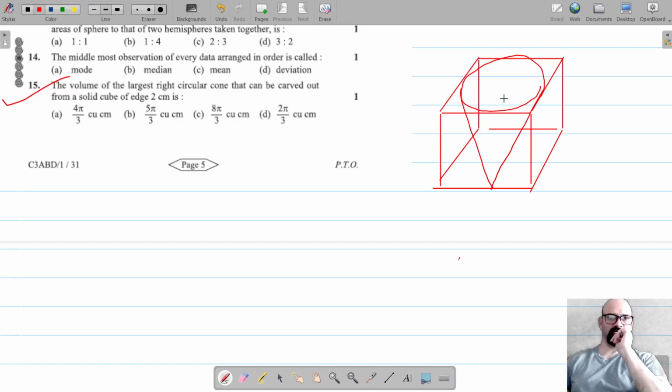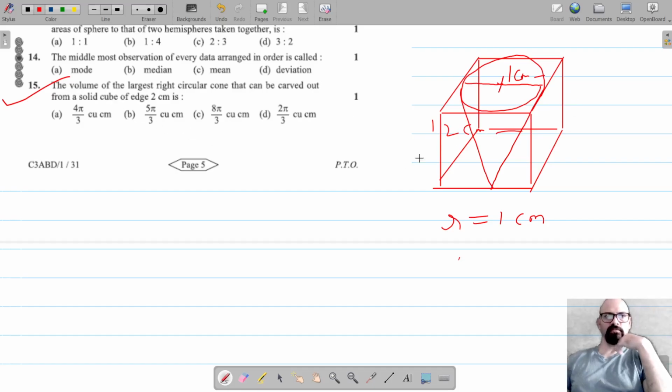We have to find the volume. The diameter of the cone would be the edge, and the radius would be half of the edge. So edge is 2 centimeters, which means the radius of the cone is 1 centimeter.